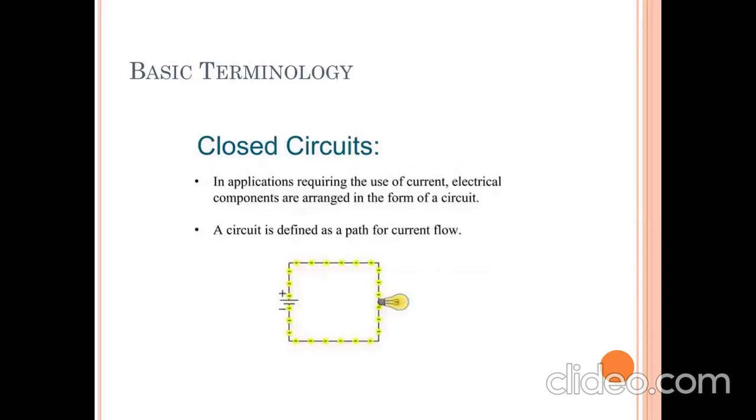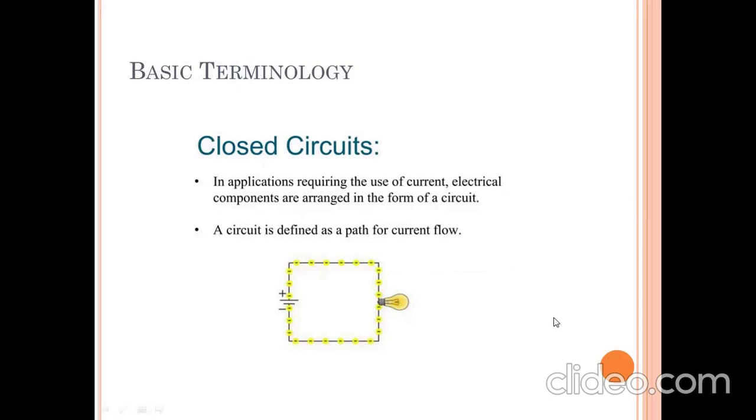The next term is closed circuit. So there are 2 things, a closed circuit and an open circuit. In applications which require the use of current and electrical components, they are arranged in a form of a circuit. And if the circuit completes a path as shown here, there is a battery, there is a bulb, so there is a closed path.